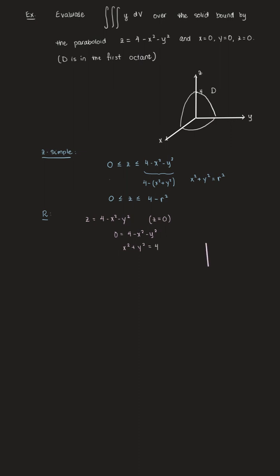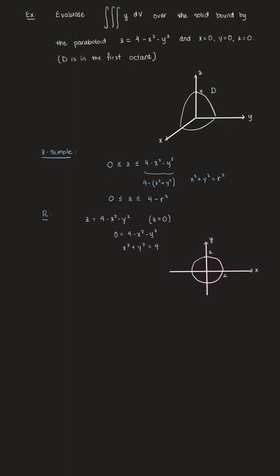So in our xy plane, we can sketch our region and then determine the bounds for r and theta. We're going to use r and theta because we have a circular region on the xy plane. The one thing to be aware of, however, is that we're dealing only with a region in the first octant. So here the radius is 2, but we don't need the entire circle.